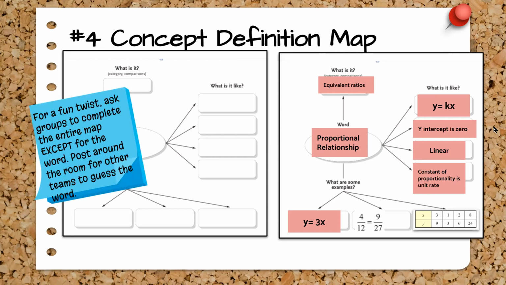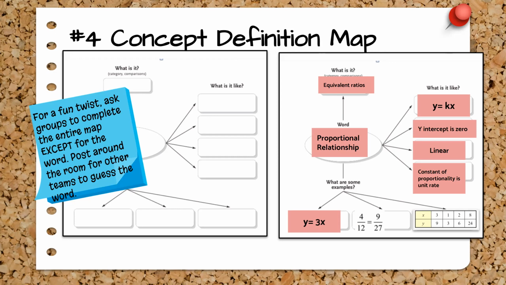Another really fun twist on this is asking groups of students to complete the entire map for a word, except they don't actually fill in the word in the middle. They leave that part blank. Then we would have those students post their map up around the room, around the walls.